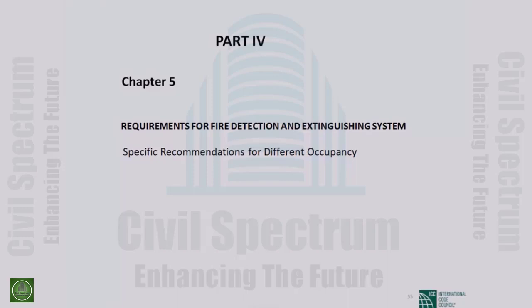Now I would like to finish this part, that is chapter 3. Now I would like to start with chapter 5, which gives some requirements for the fire detection and extinguishing system. These are specific requirements, but you have to remember that they are specific to the occupancy.